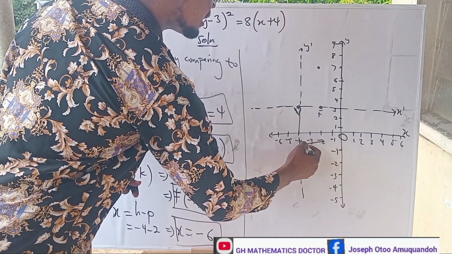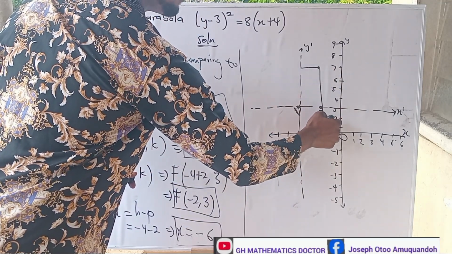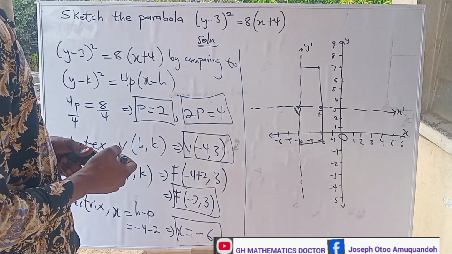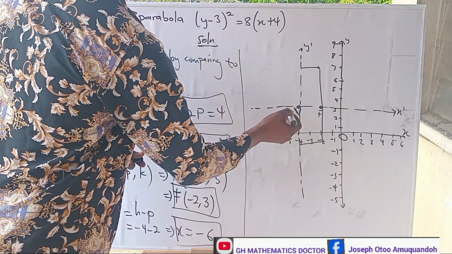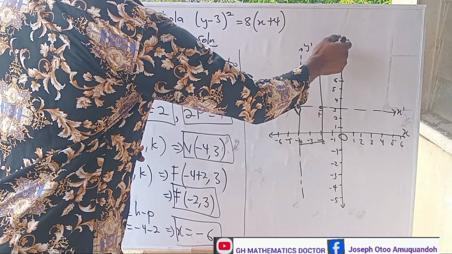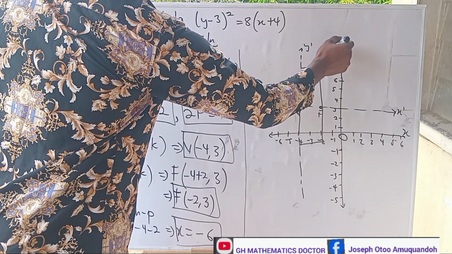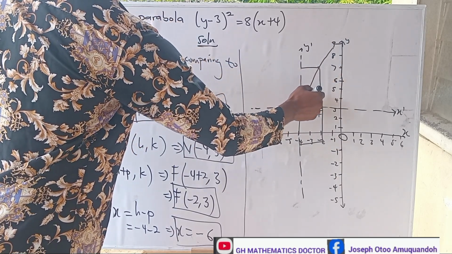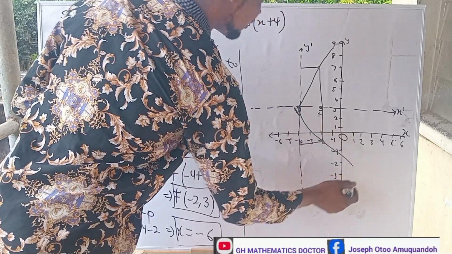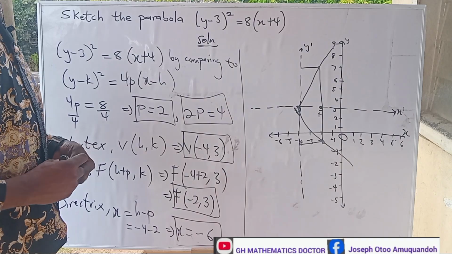Then we complete to form a box in our graph. Then we draw the parabola, making sure the parabola sits on the vertex, and also the rays pass through the corners of this box. So let's do the sketch. All right, so we have our parabola showing in this form.